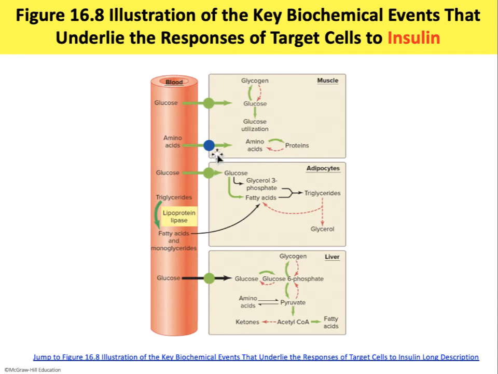And the amino acids are also imported at the same time, and they can lead to the generation of more myofibrils. In adipocytes, the glucose is converted to triglycerides, which are then stored for later usage. And in the liver, that same glucose becomes either glycogen or gets converted to fatty acids.